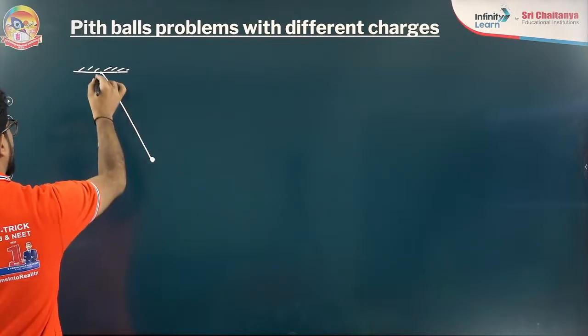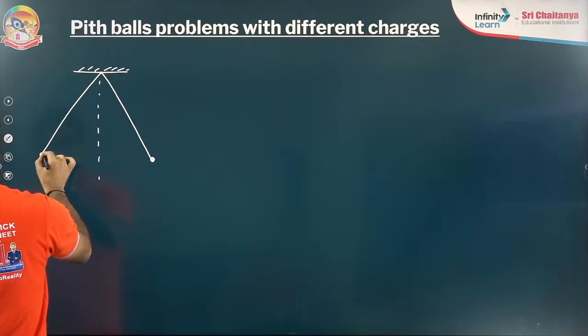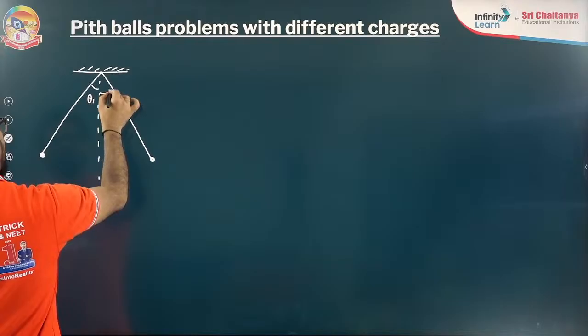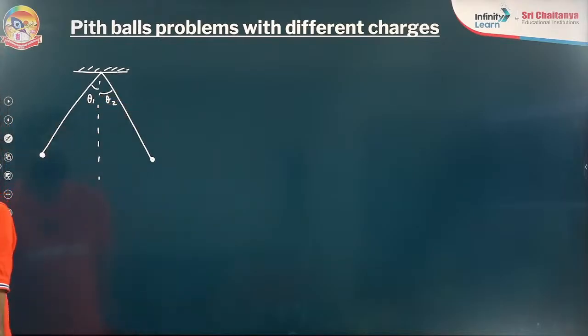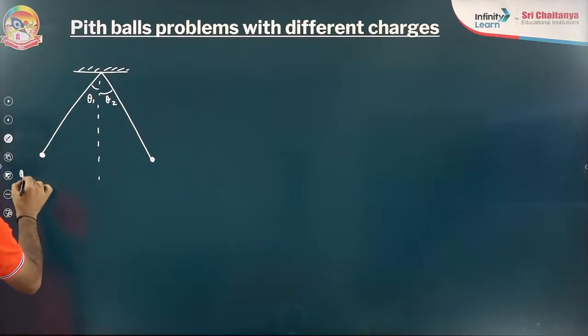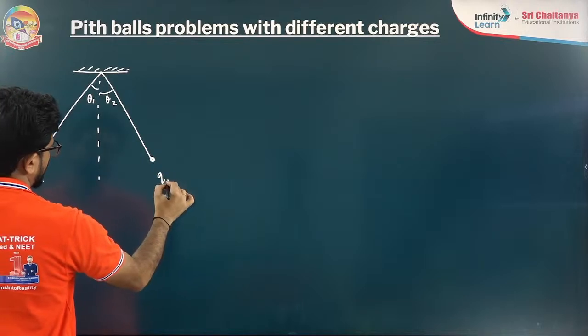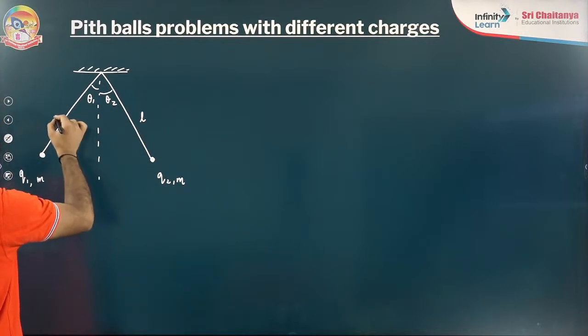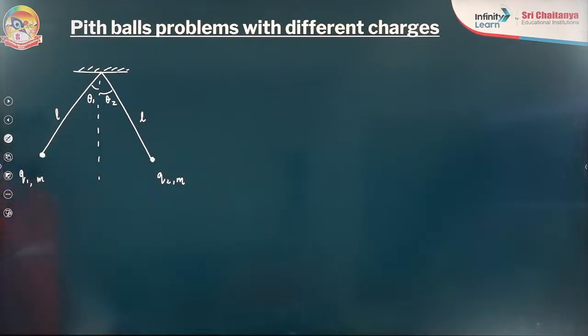Suppose this angle I am taking theta 1, this angle is theta 2. We don't know, because their charges I am taking different. Suppose this charge is Q1, this mass is m. This charge is Q2, their mass is m. This length I am taking L and L. They are not changing any other thing, only charges are different, Q1 and Q2.